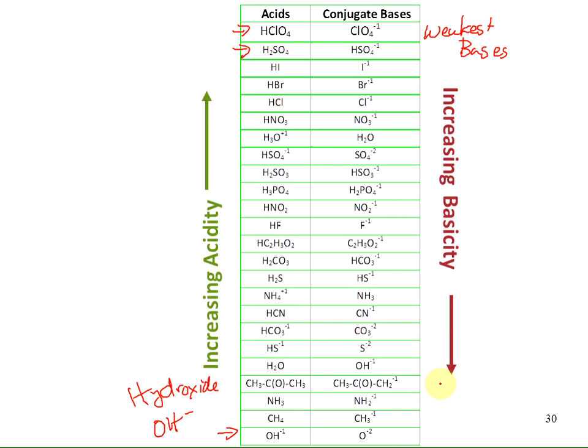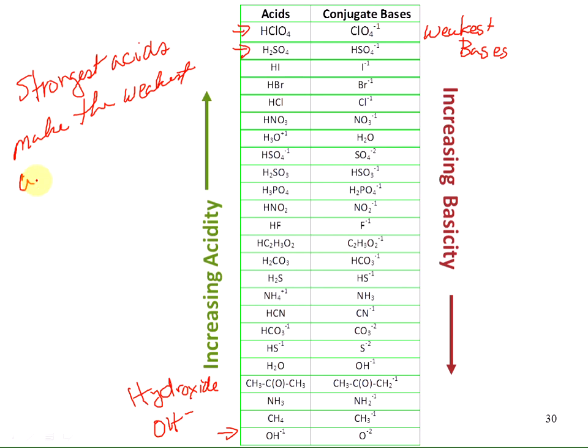So what you should notice is that the strongest acids make the weakest conjugate bases. And conversely, the weakest acids produce the strongest conjugate bases. So there's an inverse relationship to the strength of the acid and the strength of the conjugate base.